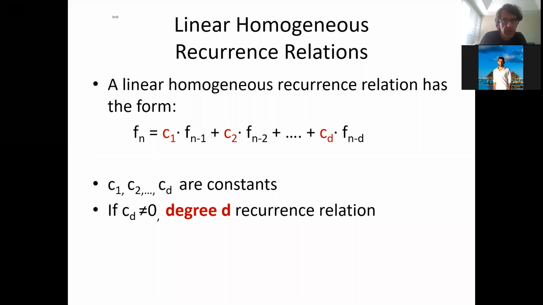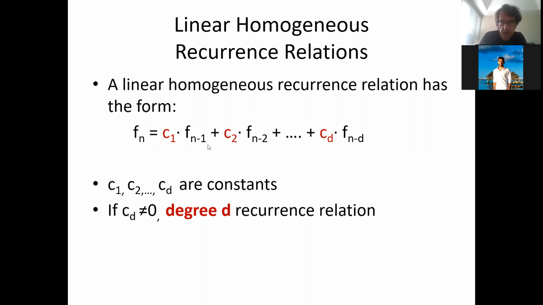So let's look at solving these linear and homogeneous recurrence relations. These relations always have this form, right? The nth element of the sequence is defined as some linear function of the previous d elements.